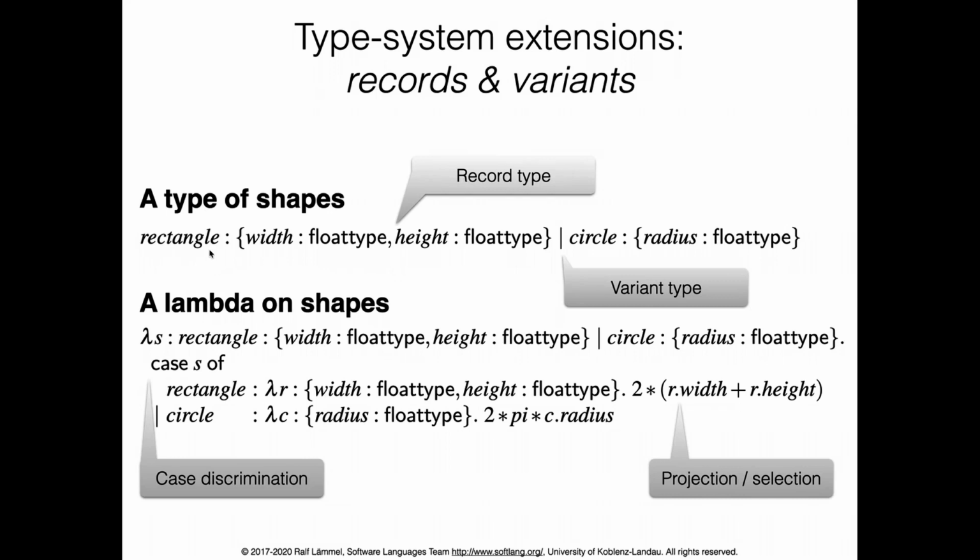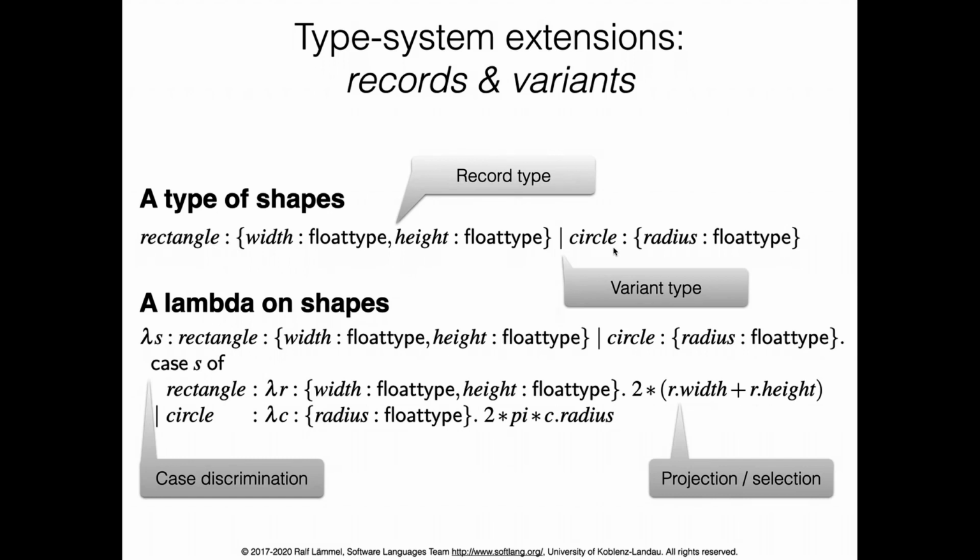In fact, the rectangle colon and the circle colon, this is part of how we combine the record types. So it's basically a tagged union. So we say we have either this record or that record, and we distinguish them through rectangle versus circle tags.